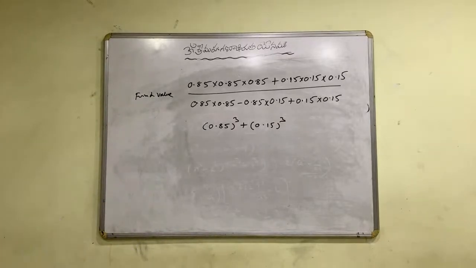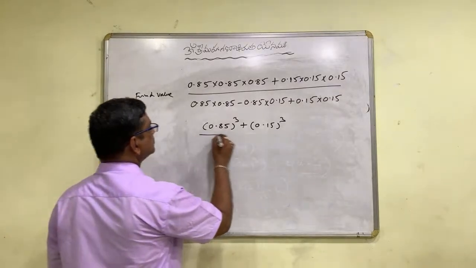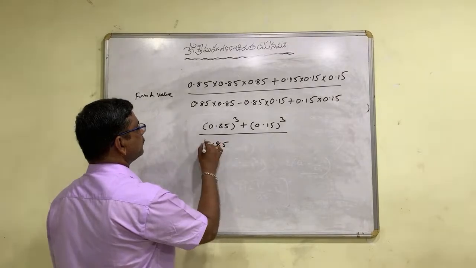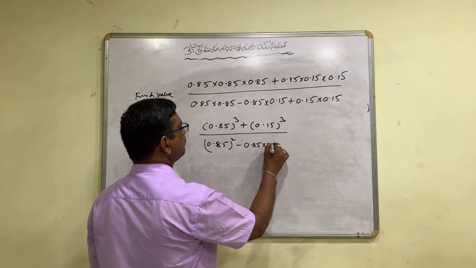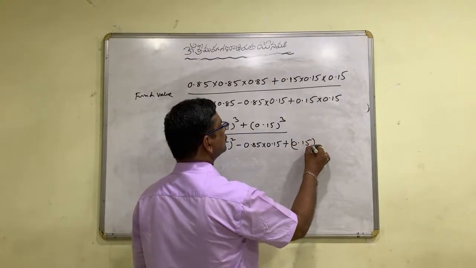And the denominator is 0.85 whole square minus 0.85 into 0.15 plus 0.15 whole square.